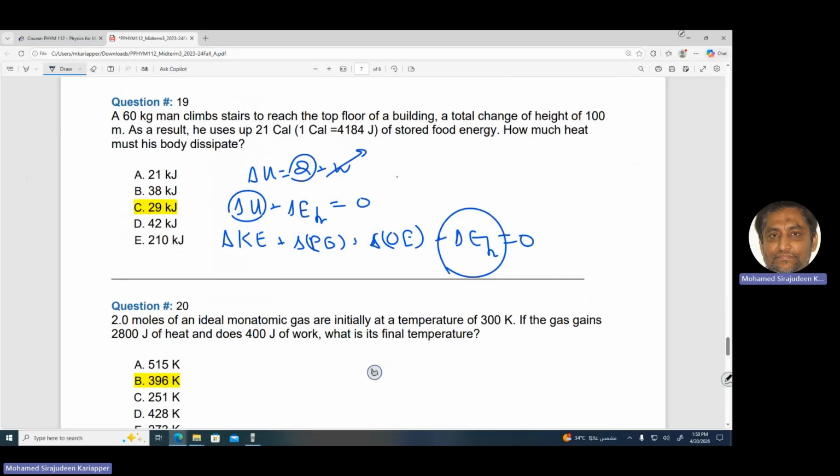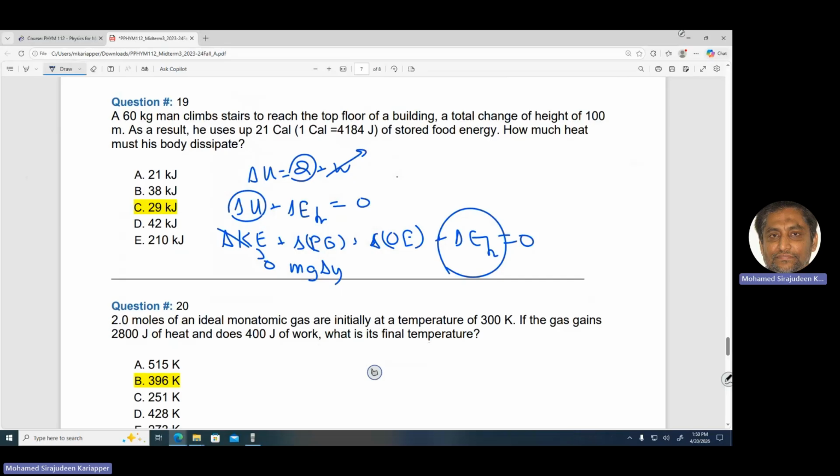So you substitute. There is no change in the kinetic energy because he is not running or speeding, he is just slowly climbing the steps. So you can say he always has 0 speed, so no change in the kinetic energy. There is a change in the potential energy, which is mg delta y.